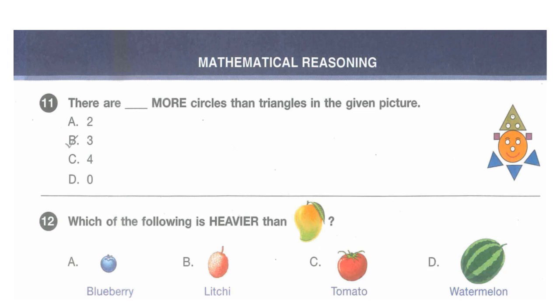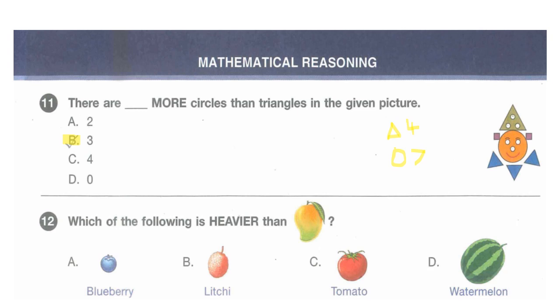Question number 11. There are dash more circles than triangles in the given picture. Option A 2, B 3, C 4, D 0. So here first we will count how many triangles are there.